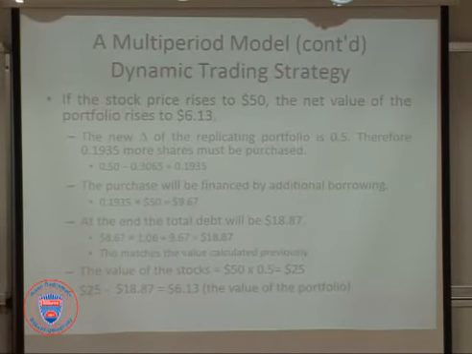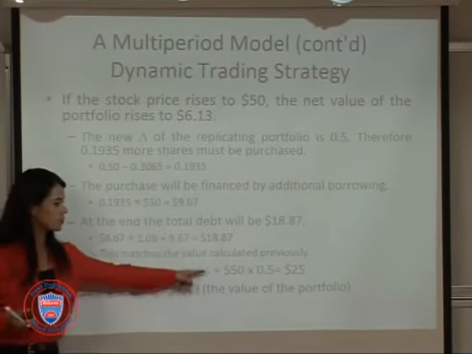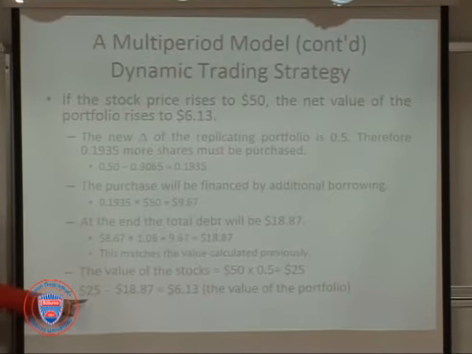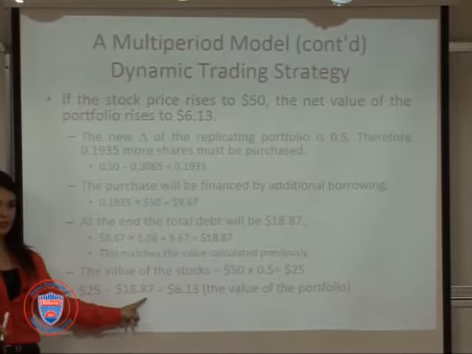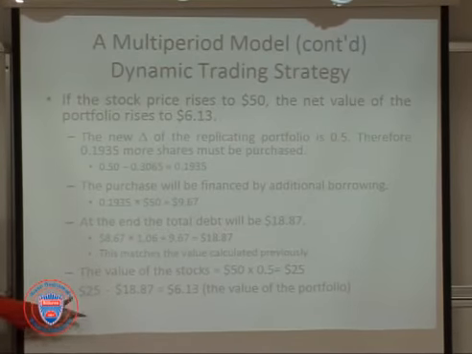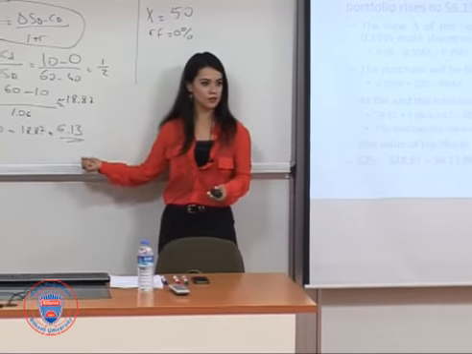So the value of the stock now, since you have half a share and the stock price is 50, the value of the stock became 25, and 1887 is how much money you need to return to the bank. So the difference, 613, is the value of the portfolio, which is also what we calculated.